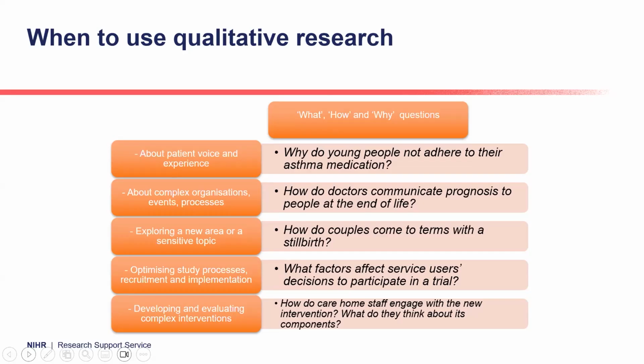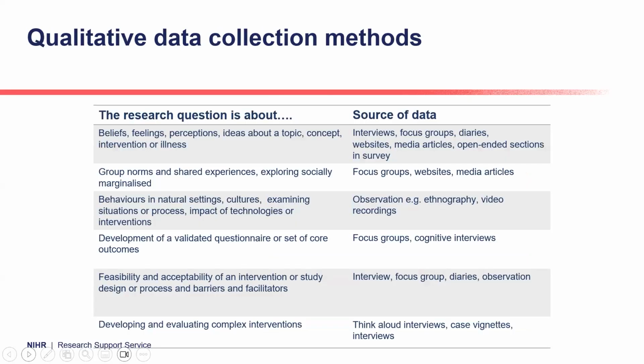Or you might be interested in developing and evaluating complex interventions, and examples of questions will be: how do care home staff engage with a new intervention? What do they think of its components? And here is a table that shows different methods on your right that can be used to answer different qualitative research questions.